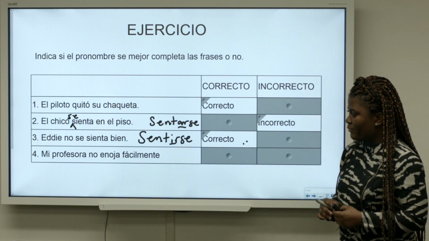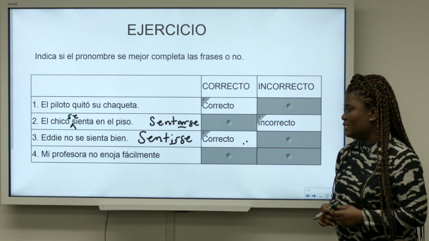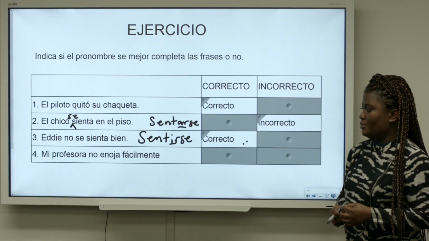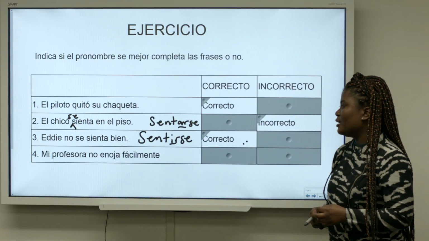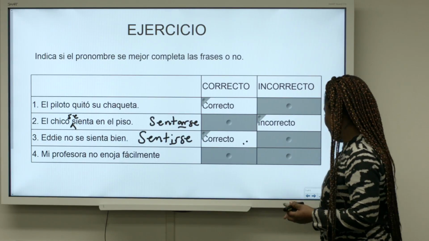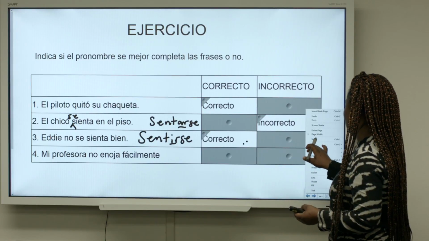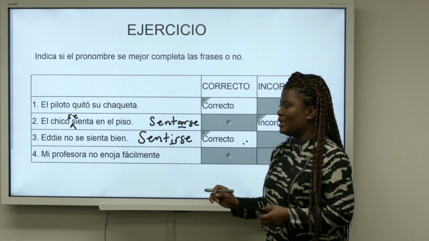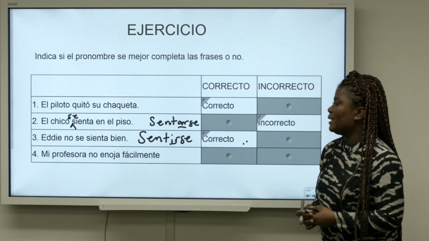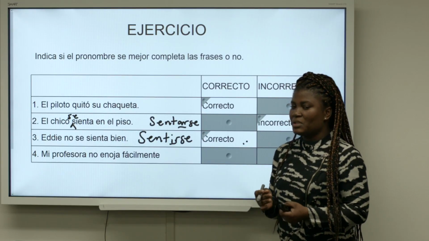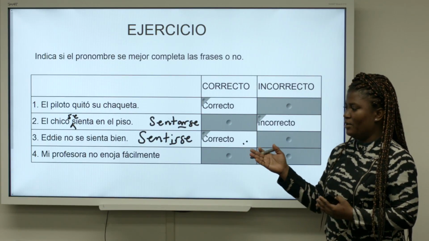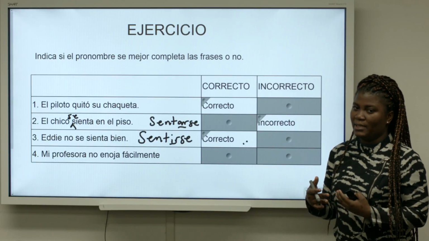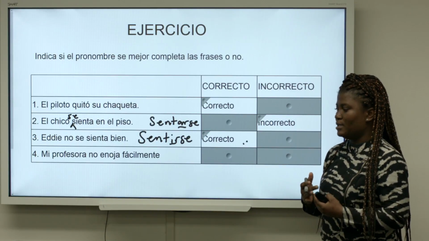The fourth sentence. Mi profesora no enoja fácilmente. My professor does not get annoyed easily. Over here, we would note that the verb is enojar, but it has to be enojarse because the professor is the subject of the verb enojarse, and she's the same person who receives the action of the verb enojarse.